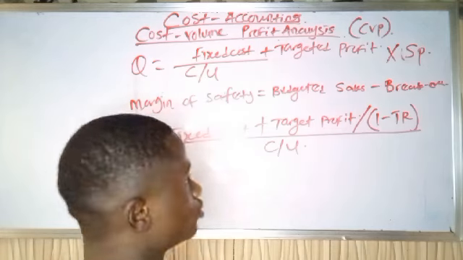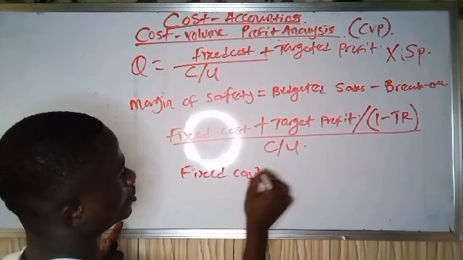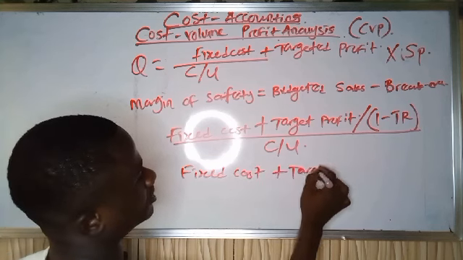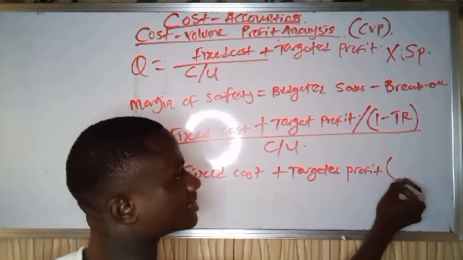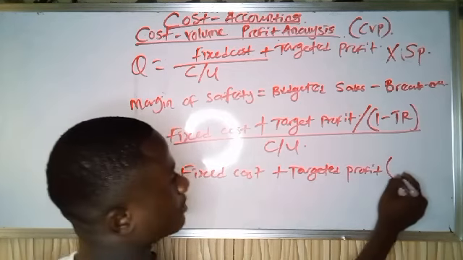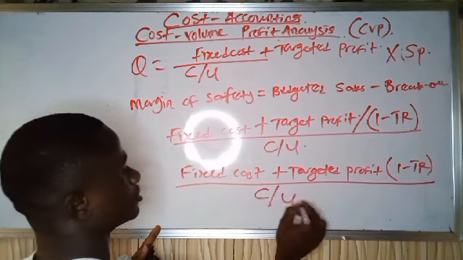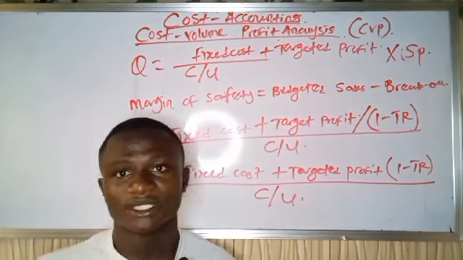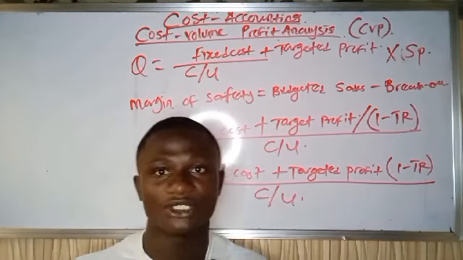Then if it is before, you will now say fixed cost plus targeted profit multiplied by, now you will not divide, multiplied by 1 minus tax rate over contribution per unit. So it is different if it is after tax. You want to make a profit of so amount after paying your tax.